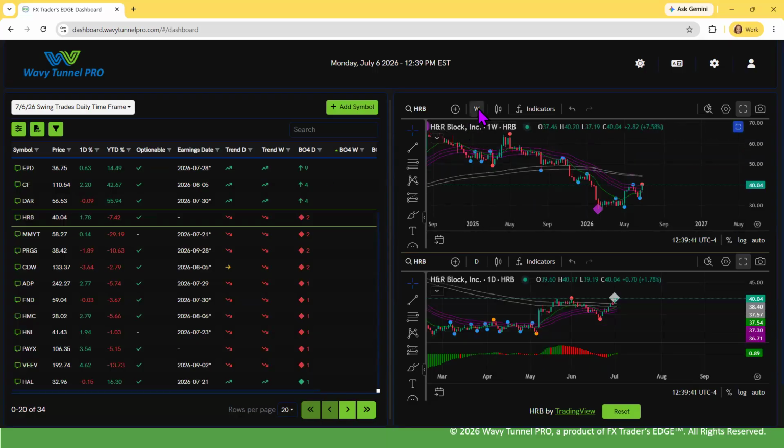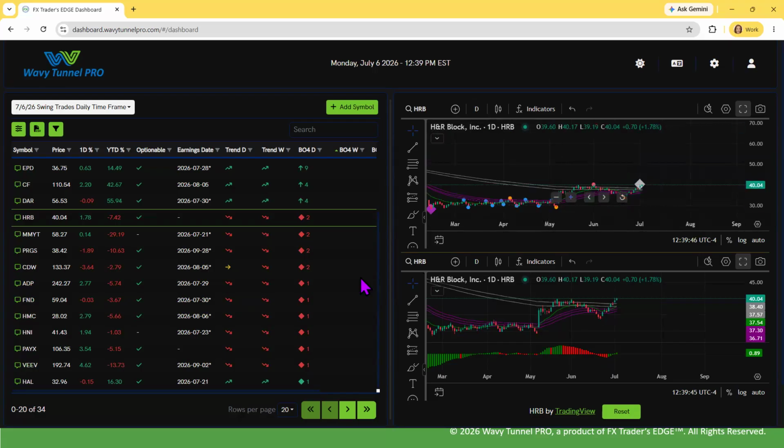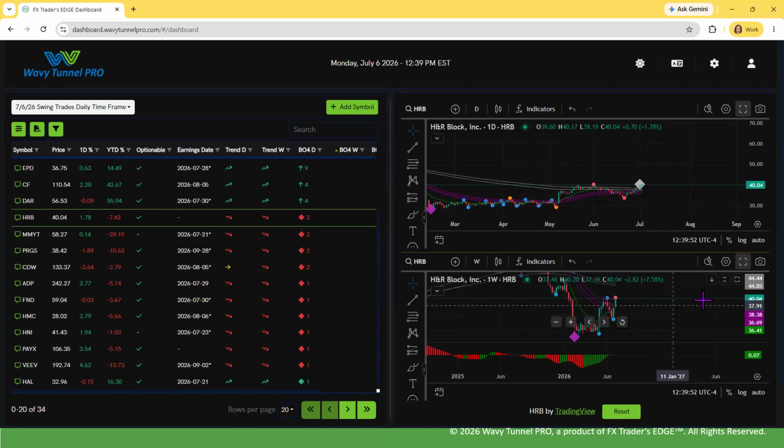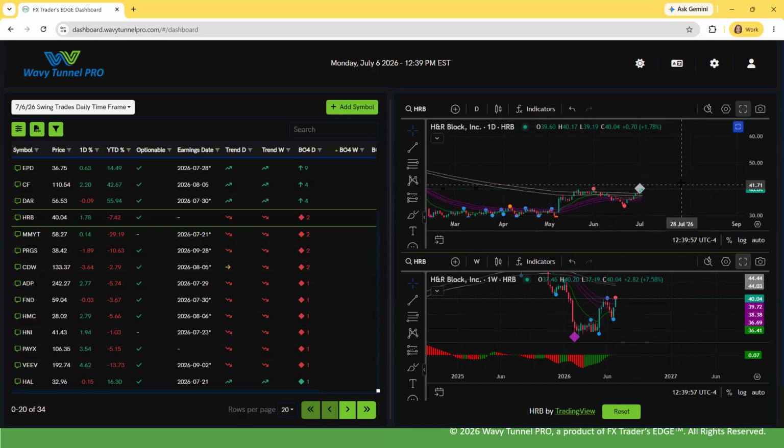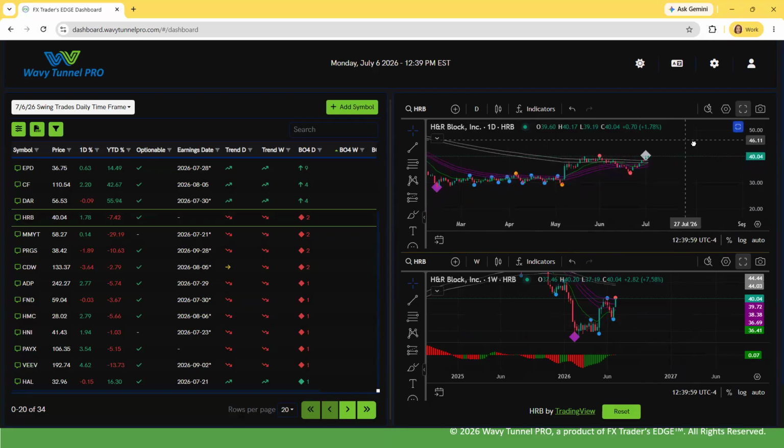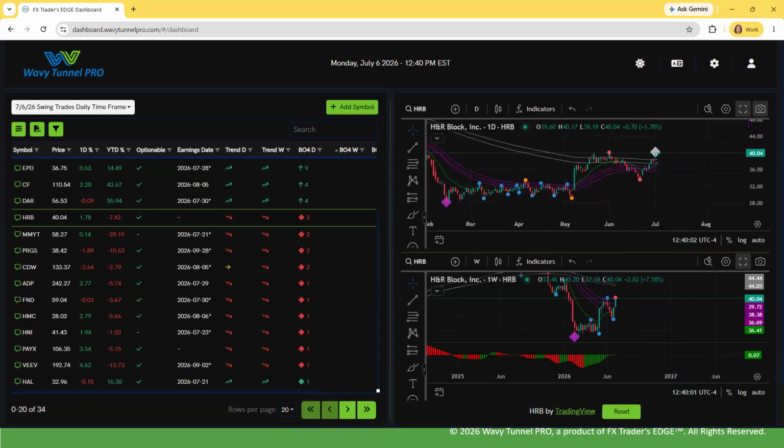I'm going to put the daily on top and the weekly on the bottom, since that is a daily short. So let's just switch it around. This is what a short looks like, where you're coming from the royal semaphore and you're coming up to the tunnel.